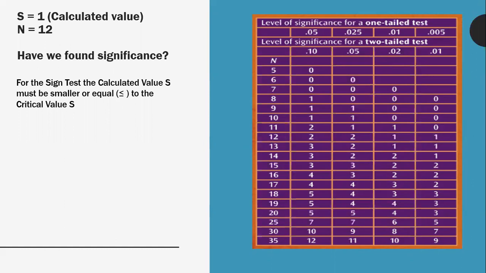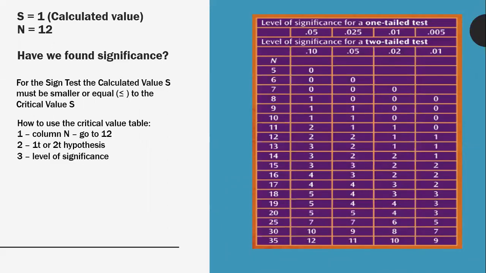So the one that we've just worked out must be smaller than or equal to the one that we're going to get from the table. If it's bigger than, then we haven't found significance. If it is equal to or smaller than, then we have found significance. So let's move on. Now, let's look at the table.